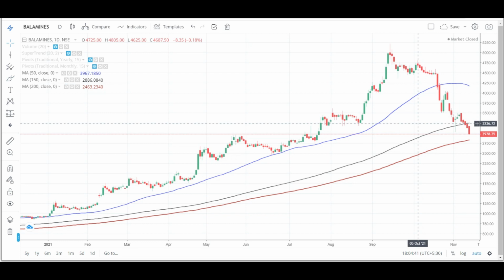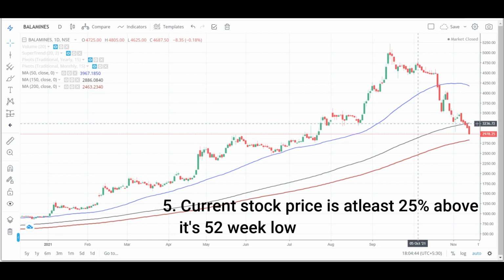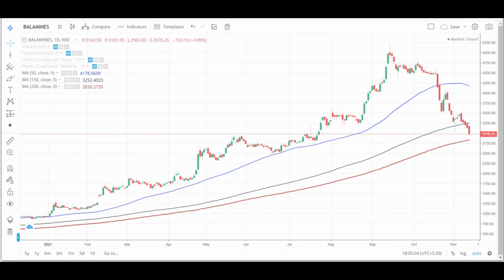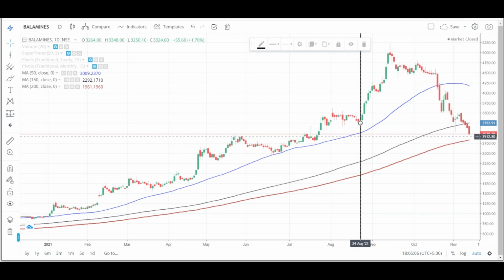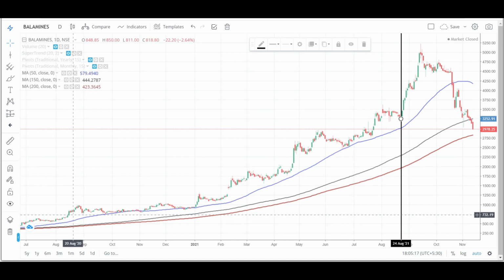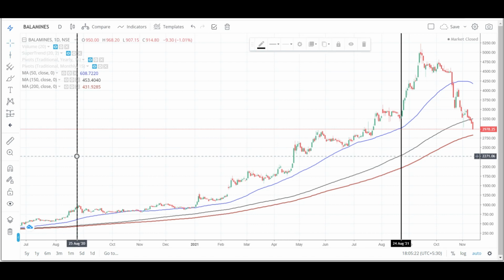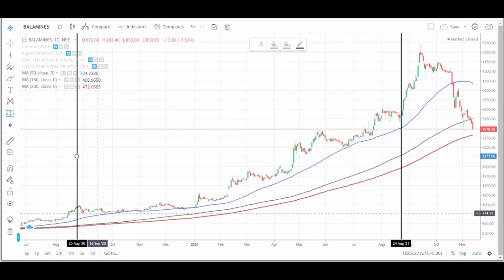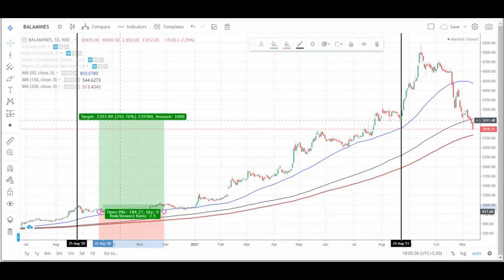Now coming to the fifth criteria, which says that the current stock price is at least 25% above its 52-week low. I took the trade here, around 24 August 2021. If we go back to 24 August 2020, around here, you can check from here to here.